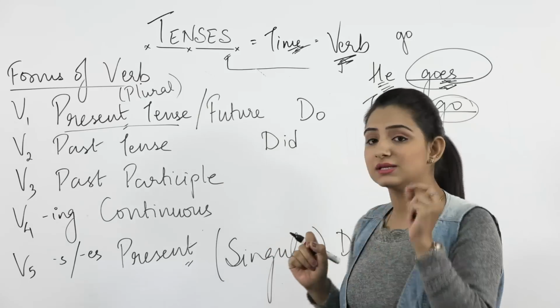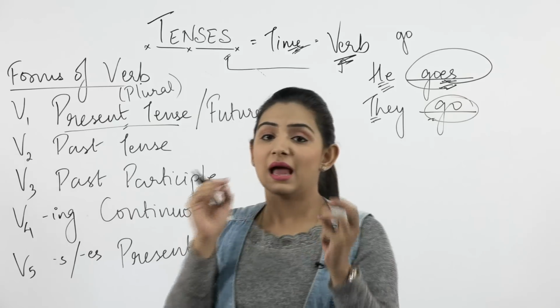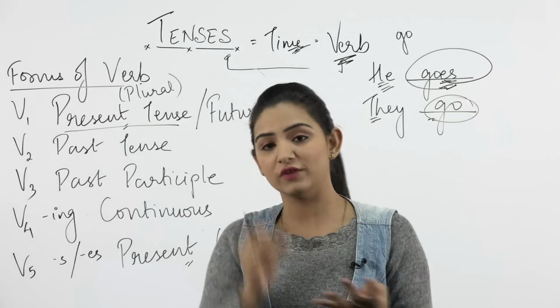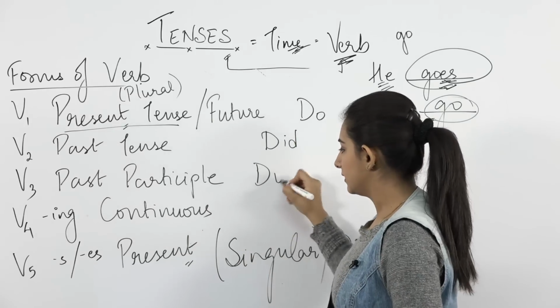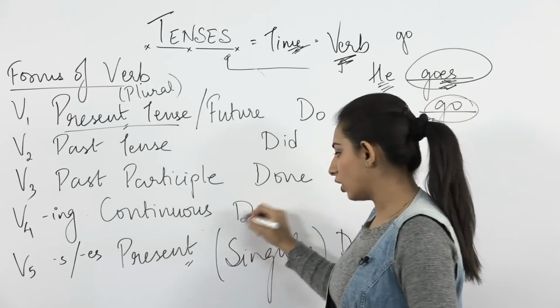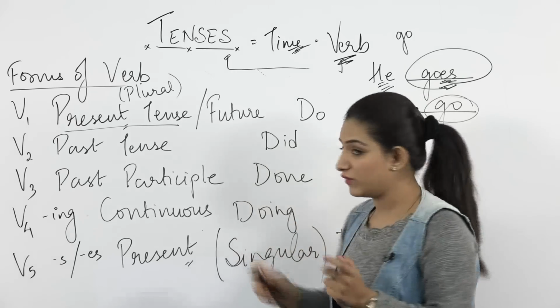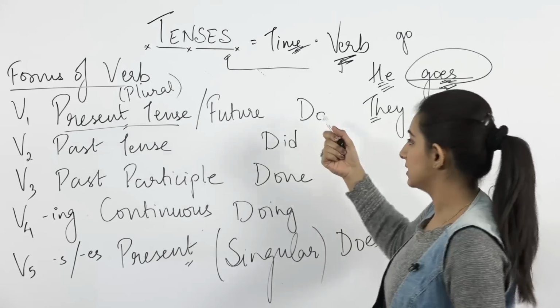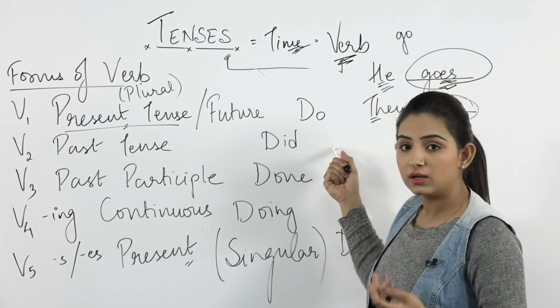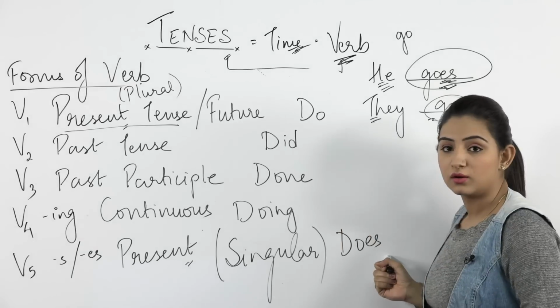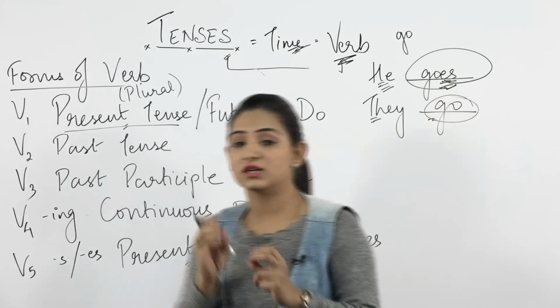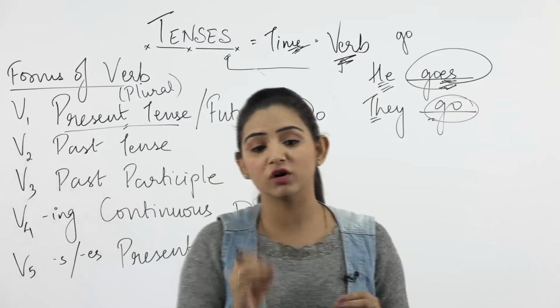Past participle is always used when you use has, have, had, will have or shall have with it. Right? So it is done for do and continuous is doing. So if we talk about the go sentences, it says go, went, gone, going or goes. Fine. So these were the forms of verb.